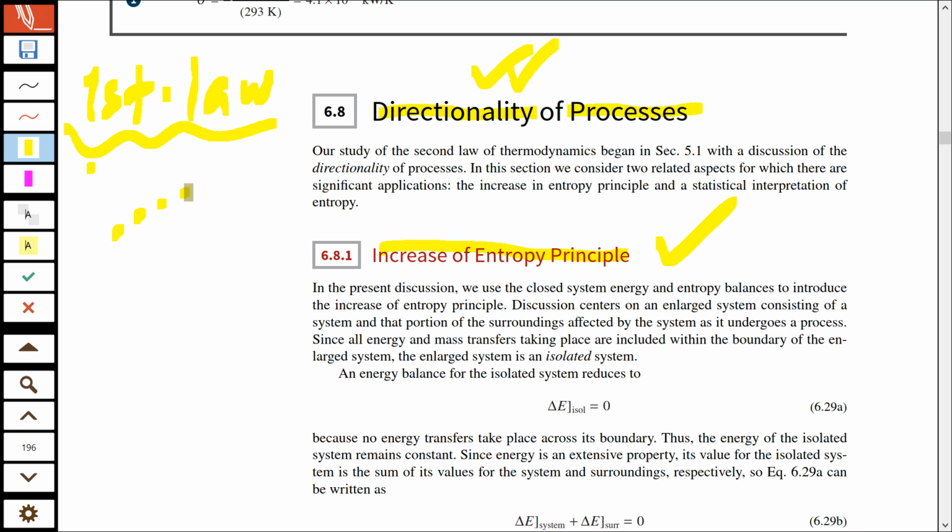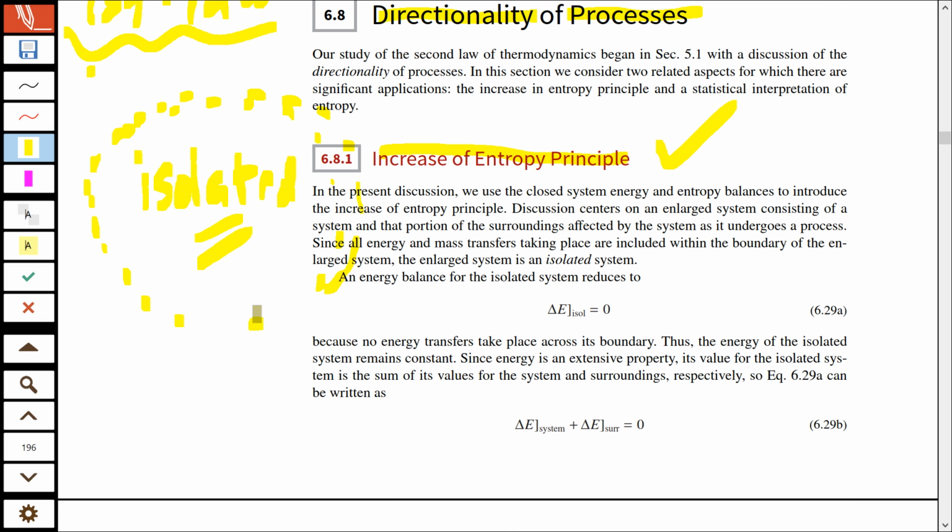You enlarge your boundary. If you want to analyze a process, you choose a boundary in such a way that the enlarged system is an isolated system. You make it isolated because for isolated systems, you have a simple law. You don't have to consider what happens at the boundary, because in an isolated system, all the interactions at the boundary must be absent. No mass transfer, no energy transfer, and so on.